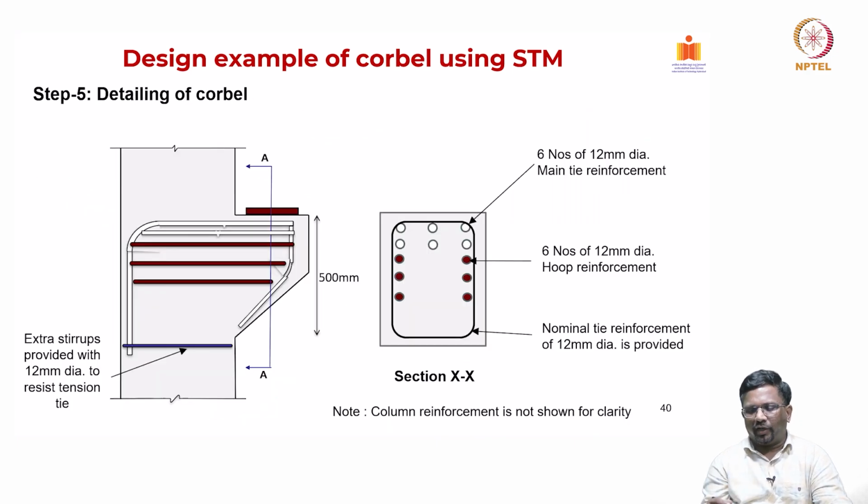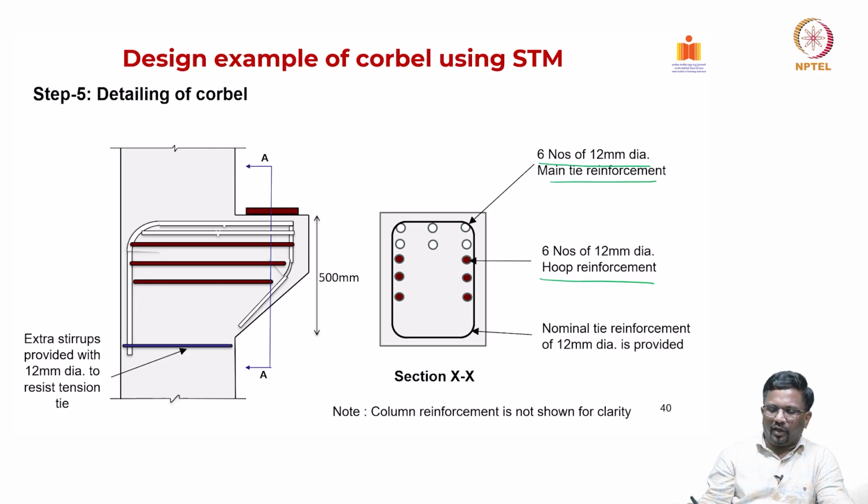Okay. Now, finally, let us look at the detailing of the corbel. We have looked at the design. We are providing extra stirrups here, and this red color is also extra stirrup. This is what we said, 6 numbers of 12 mm diameter hoop reinforcement, and we found main tie reinforcement of 6 numbers of 12 mm diameter, and this is when I take the section at AA.